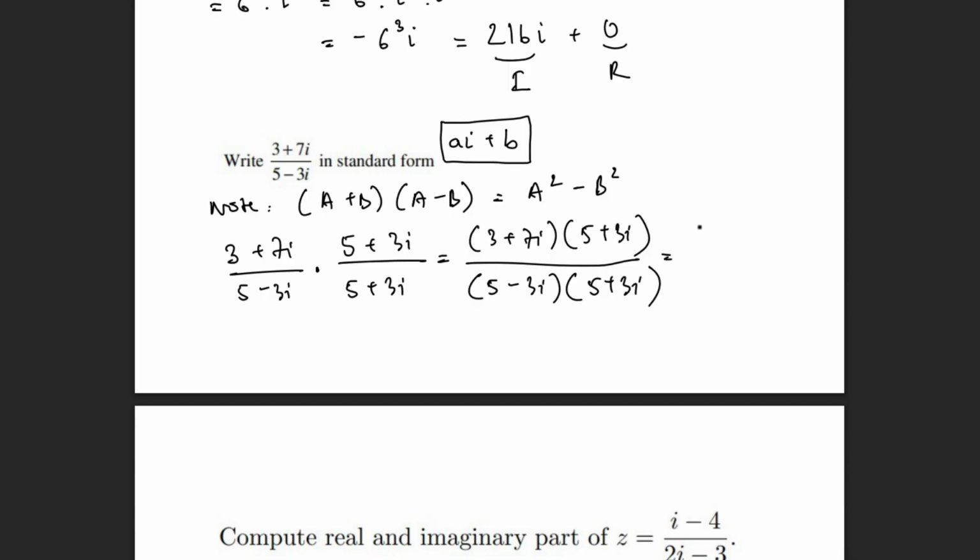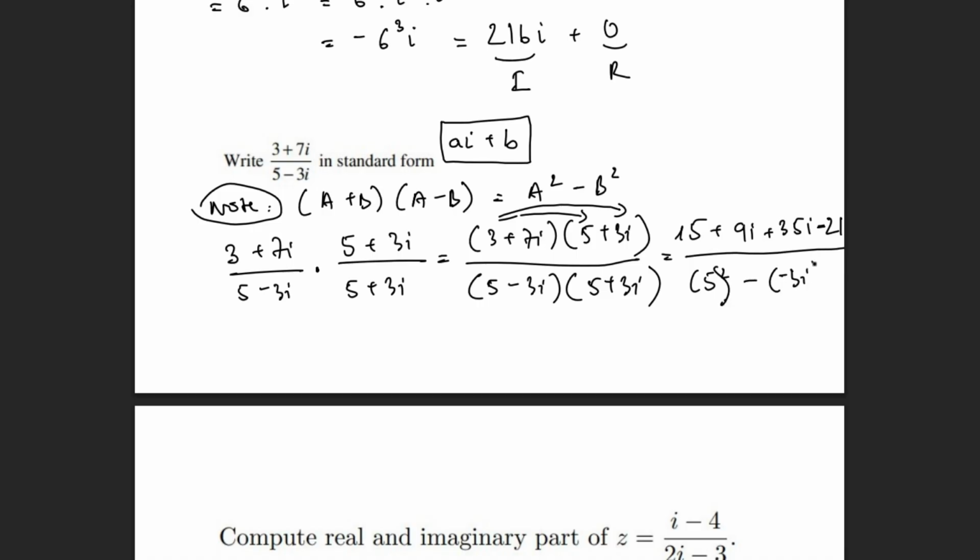Right? So at the top, distributing, we will have 15, and plus 9i and 35i and minus 21 over. Okay, so at the bottom, we will use the note right here. So it's going to be 5² - (3i)².